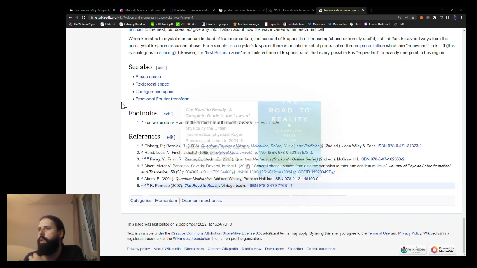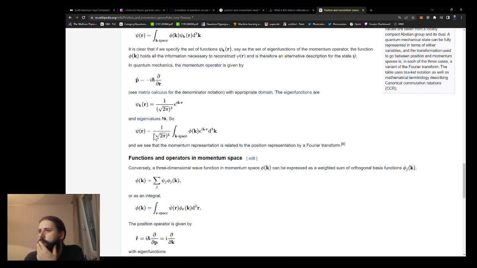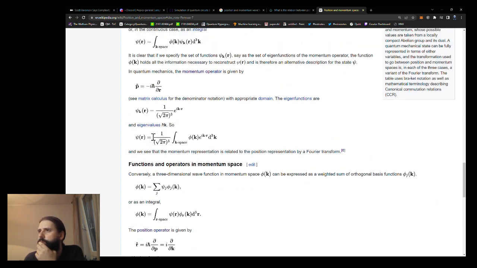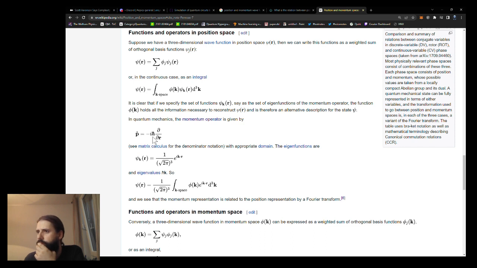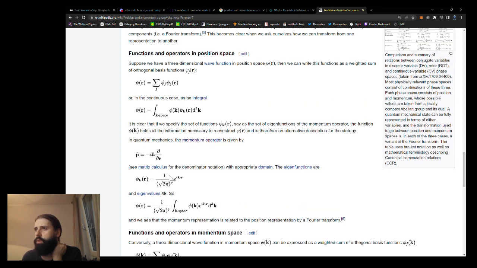The Road to Reality, Penrose. These are the eigenfunctions. And then the wave function of position is, and now basically this is what's confusing. So these are the eigenfunctions of the momentum operator. This is what's confusing me. What does the operator have to do with all these?